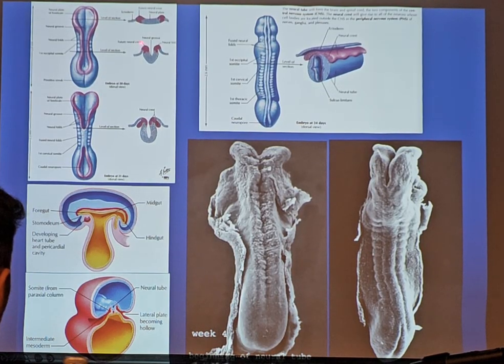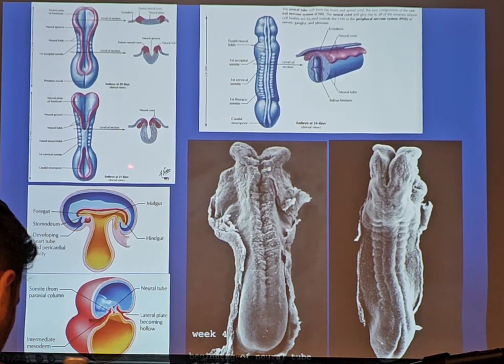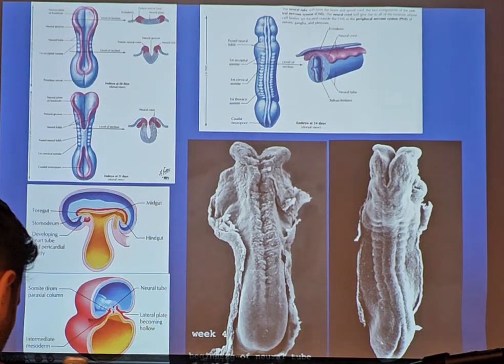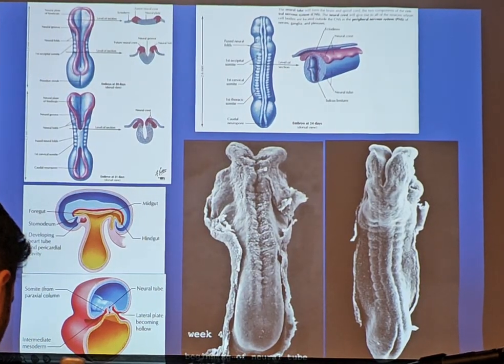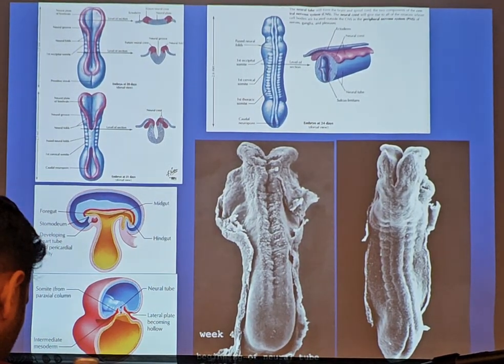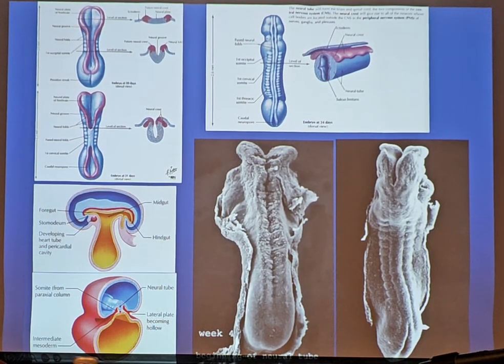These two rolls gradually join together and fuse together. Once they fuse, the tube which is formed is what we call the neural tube. The edge which fused together becomes the neural crest. And the remaining ectoderm is called the surface ectoderm.